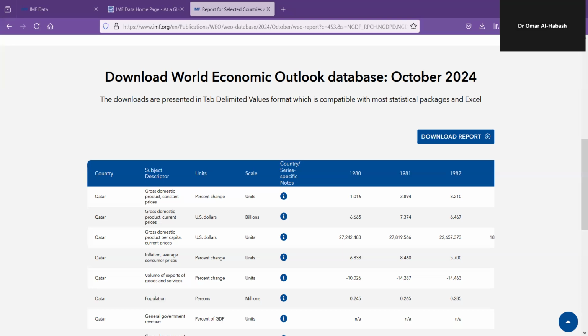We have also, as I said, this is not a deep analysis, just a brief analysis of the situation. General government revenue as a percentage of GDP is 32%, 33%, 32%.